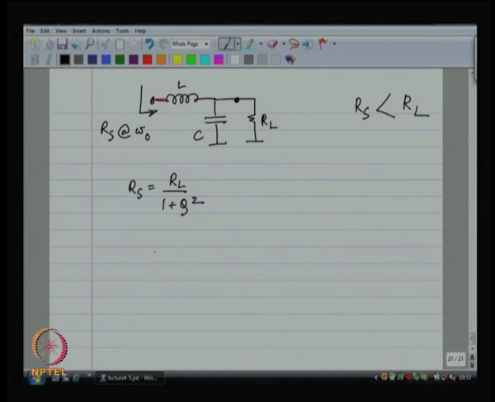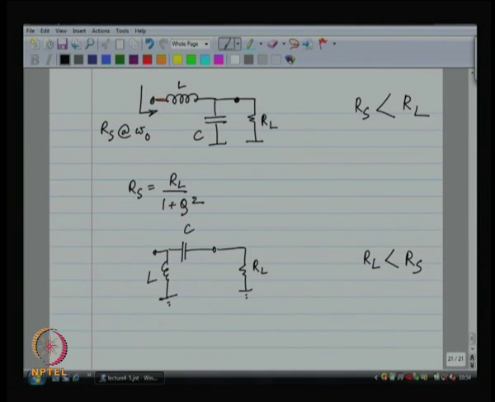And alternatively, you can also conceive of this. And it is straightforward to show that this will work only when R L is less than R S. Okay.